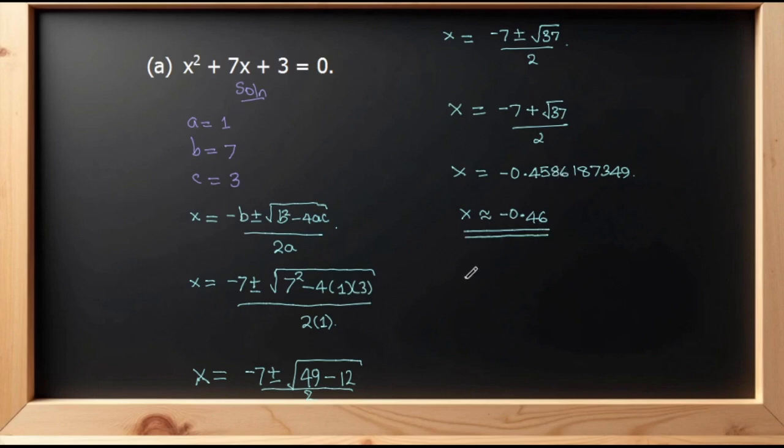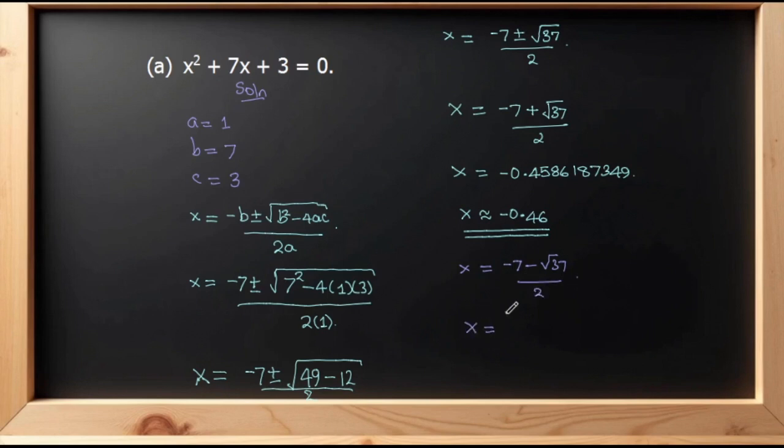Or let's also consider the next sign, which is the lower sign, negative. So x can also be obtained as negative 7 minus root 37, divided by 2.